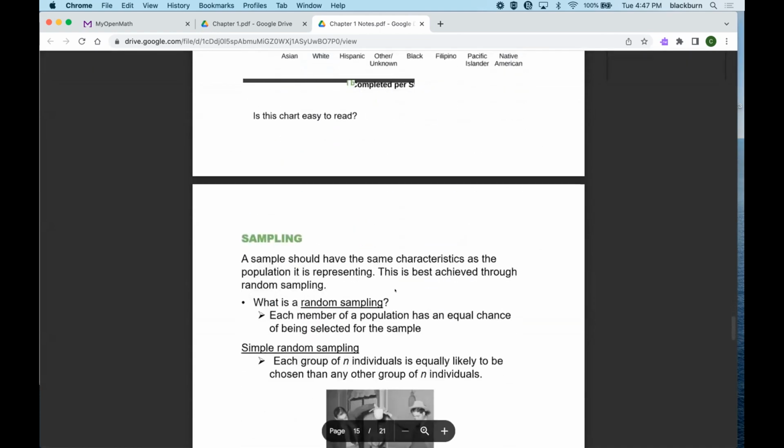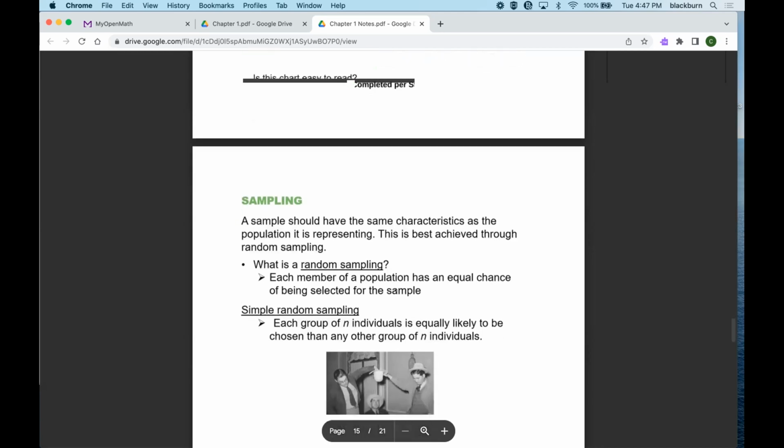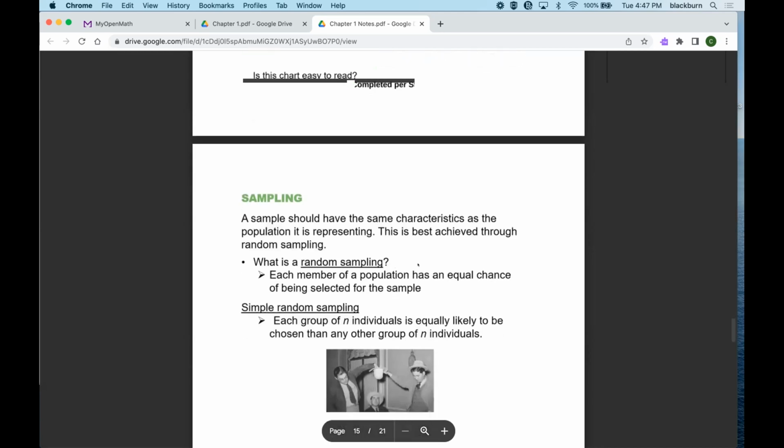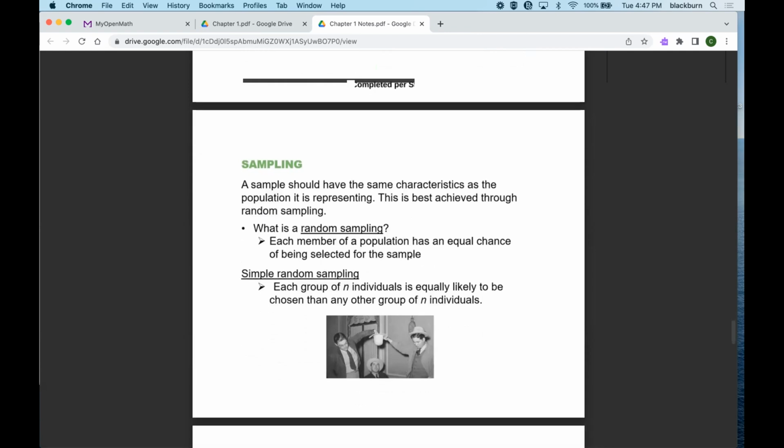All right, sampling. Now this gets kind of confusing, and there's some questions on the My Open Math prep assignment that kind of quiz you on this. So sampling now, how do we take samples from a population? That's what this is talking about. So you have a random sample.